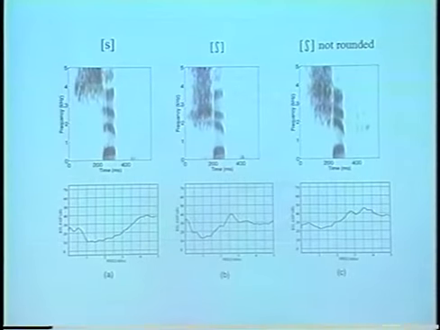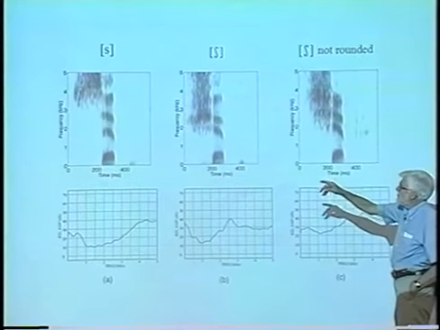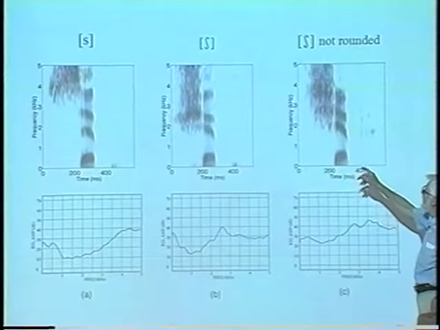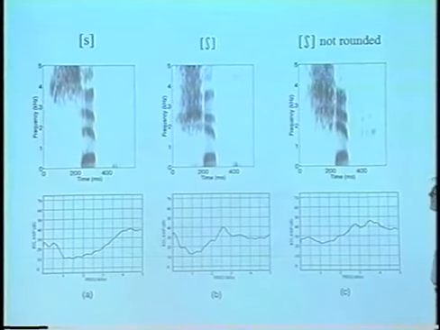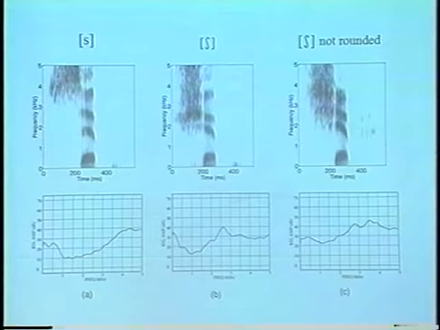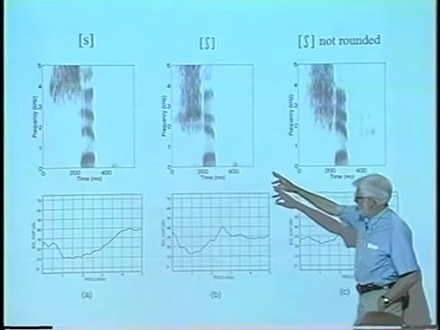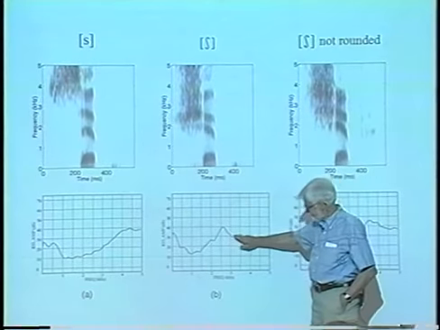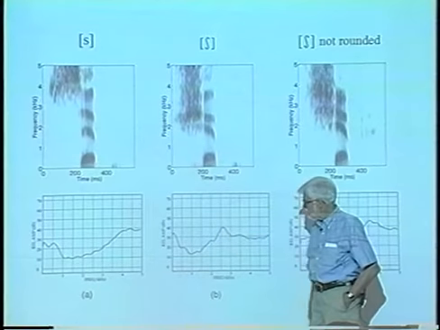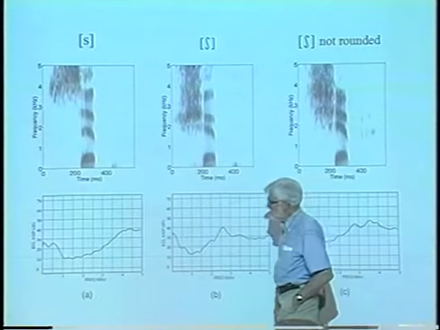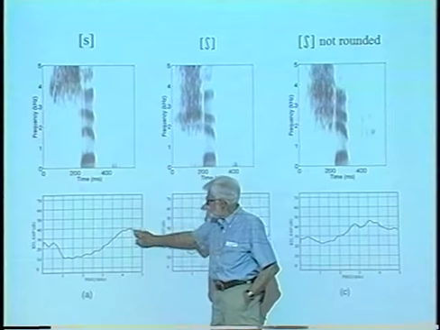These are spectrograms of the words sip and ship, and then some effort to show what would happen if we made the sh not rounded. So this is a regular ship, and this is the spectrum, which shows a nice peak here in the third formant region. The S has a much higher peak.